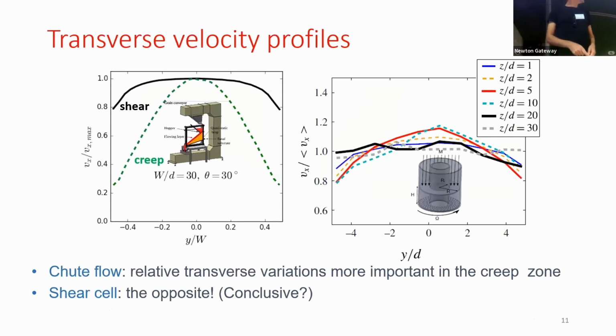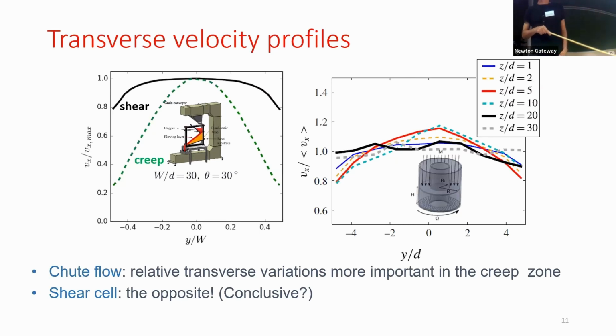And what we observe, I report, for example, on the left, the velocity profile in the creep zone and in the shear zone. And what we do see is that the relative transverse variations are more important in the creep zone.